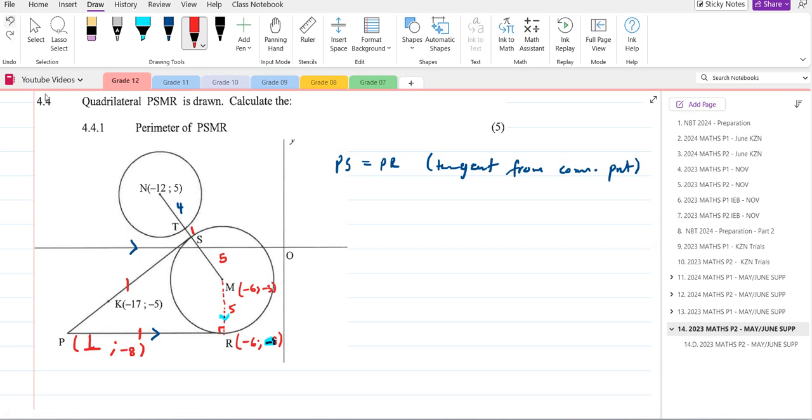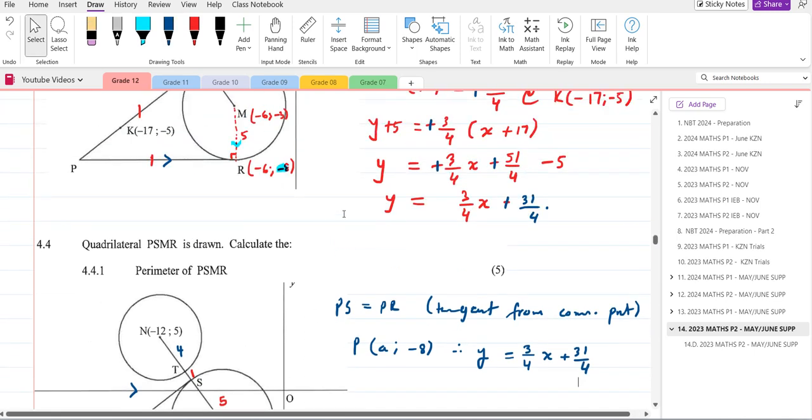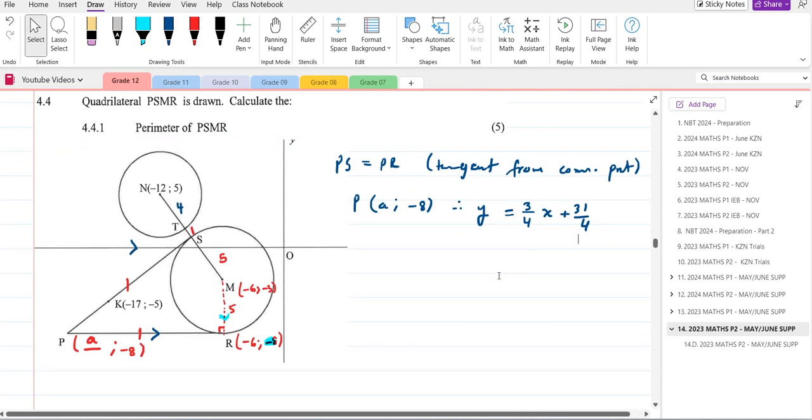Let's call it x, or let's call it a. So if we can get the a value here, then we got the horizontal distance from there to there. Now let's try to work on this now. So let P be (a, -8), and remember the equation of line PS, we just found that, which was y = 3/4 x plus 31/4. We're going to substitute this inside here and solve.